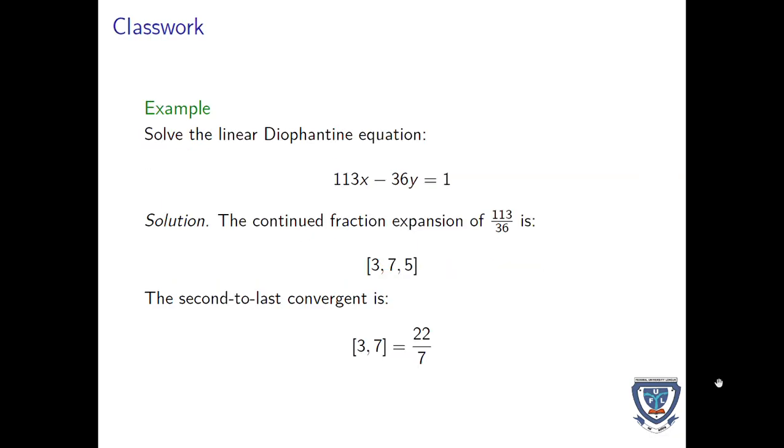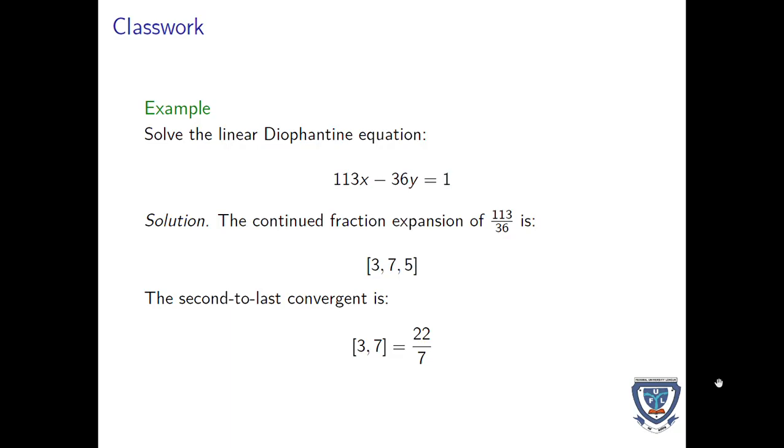Let's look at another very important example. Solve the linear Diophantine equation 113x minus 36y equal to 1. Solution: the continued fraction expansion of 113 over 36 is [3, 7, 5].